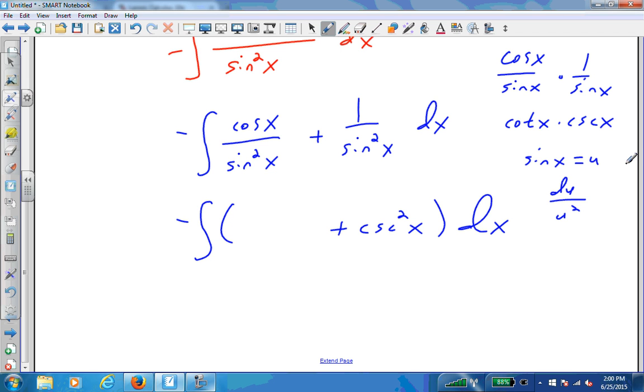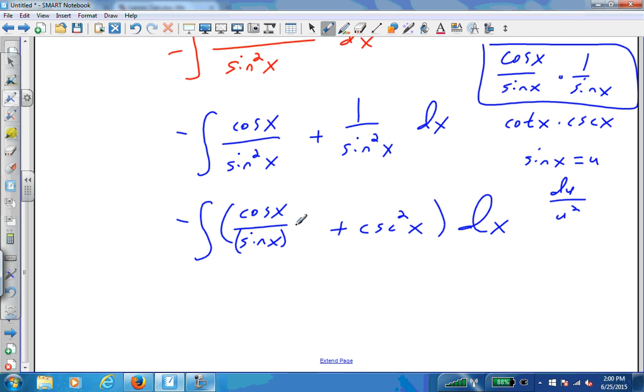So if you don't recognize breaking it up that way, we can just leave it. If you want to, instead of calling that sine squared, we can call it sine x all squared. Let's go ahead and write this as two separate integrals. So it's minus all of this, so that applies to both.